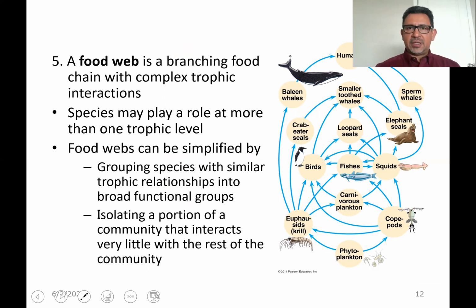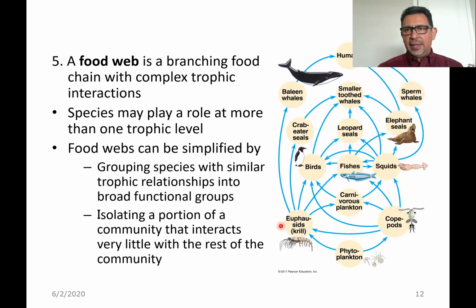The important information we can get from a food web is that, for example, something like krill, which is a type of crustacean, so important for a marine food chain, can be food for some form of carnivorous plankton, but it can also be food to birds, and there are going to be whales that feed on krill.